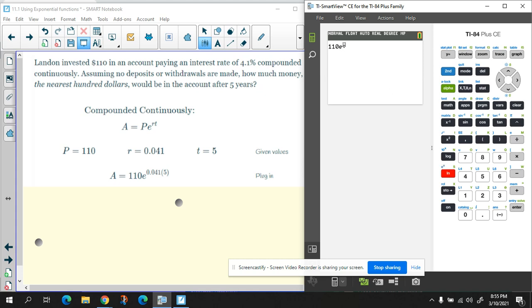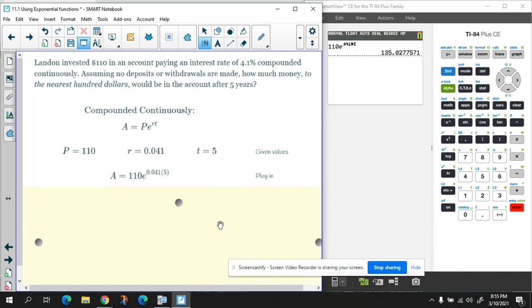And then it raised it up to the power already for me. So I have 0.041 times 5 as the exponent. So 135.027, and then make sure to round to what they said. Here they said $100. So is 135 closer to $100 or closer to $200? Closer to $100.